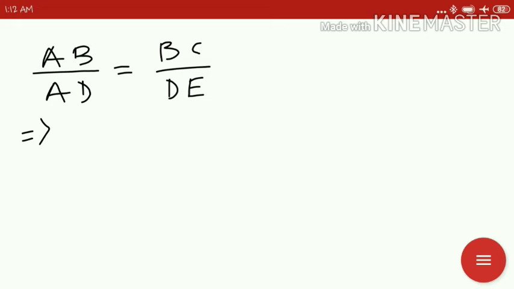So AB, as I have taken in the given figure this one as x, so that part will be 30 minus x, and I am taking the larger radius as capital R, smaller radius as small r.